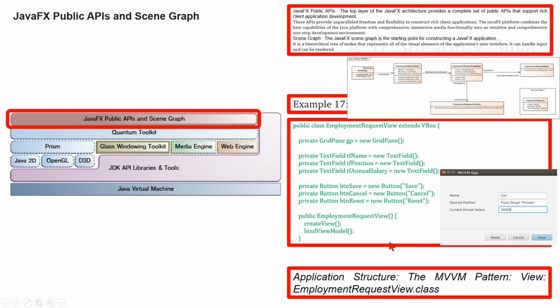The MVVM pattern, model-view-view model, is a software architecture that separates UI controls, the view, from data access and business logic, the model. The separation helps large applications during the maintenance phase. With MVVM, view changes, especially those that are purely cosmetic, can be made without fear of introducing side effects.